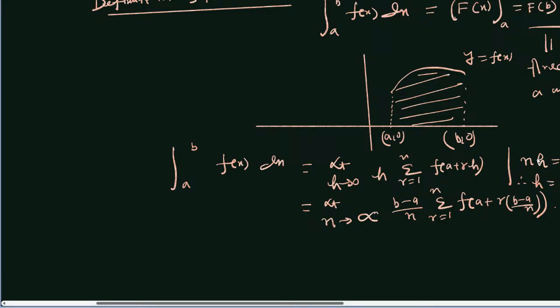Normally, when we solve problems, we replace a by 0, b by 1. This we write as limit n tending to infinity of 1 by n, sigma r equal to 1 to n, f of r by n.